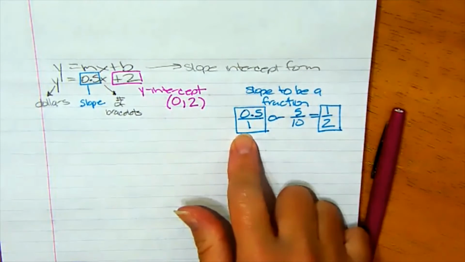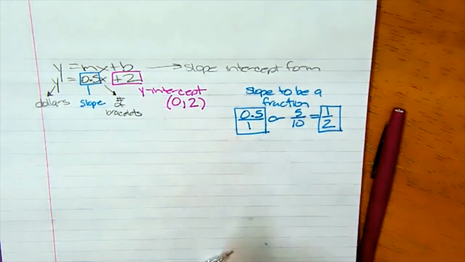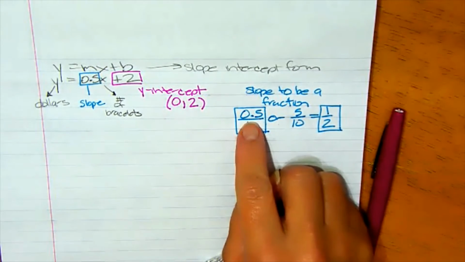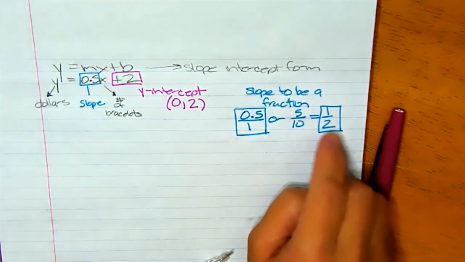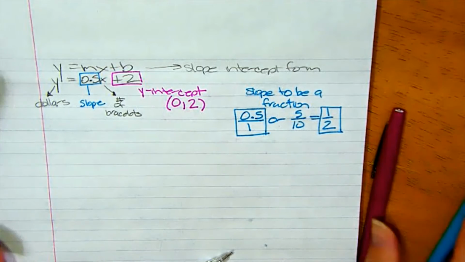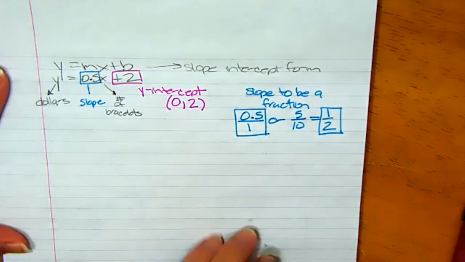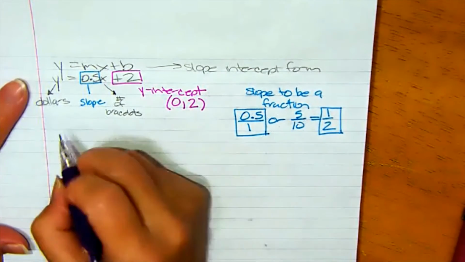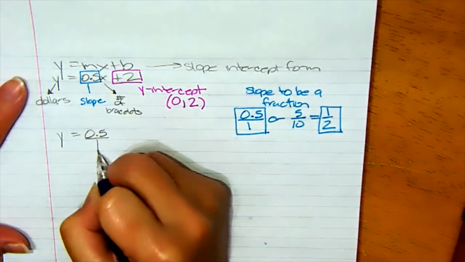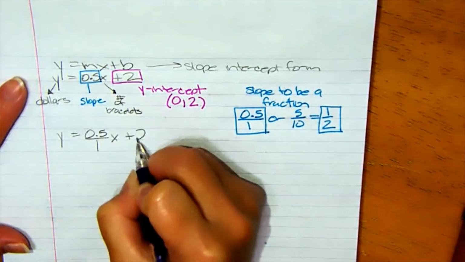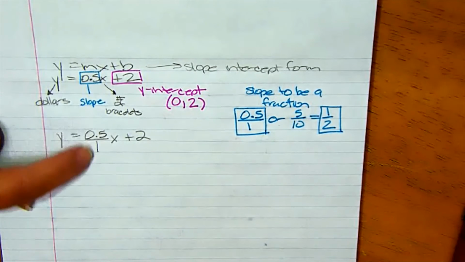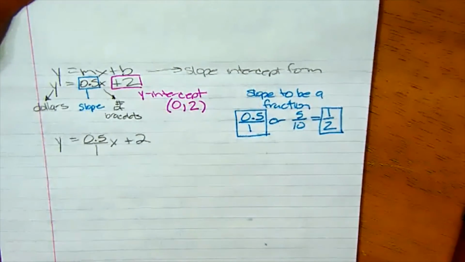This means I'm going to be dealing with marks between my tick marks. This means I'm going to be dealing with whole numbers. Either is fine. You will get the same answer either way. So y equals 0.5 over 1x plus 2. Rise over run. This is just kind of a reminder.